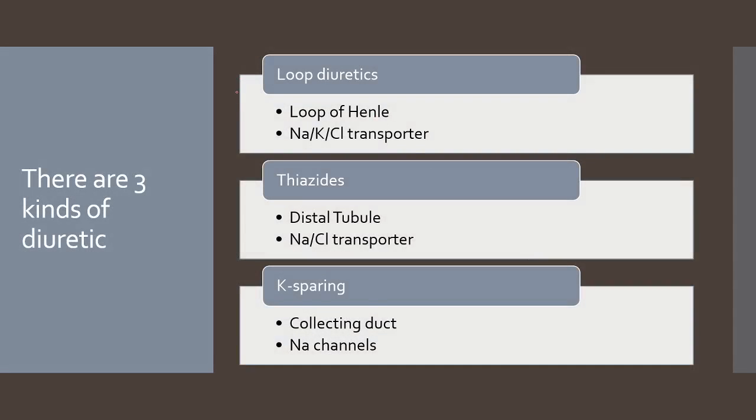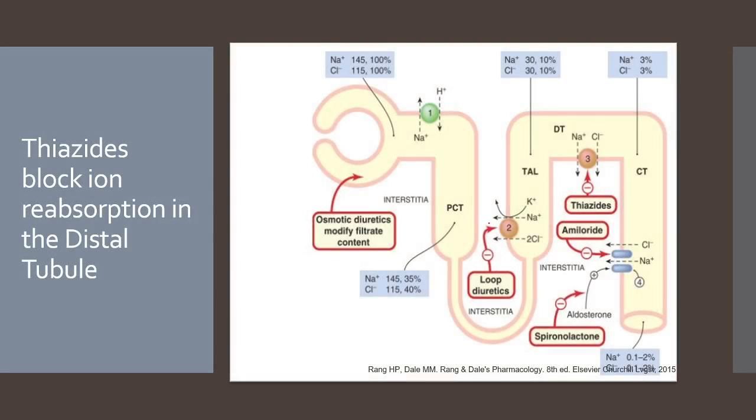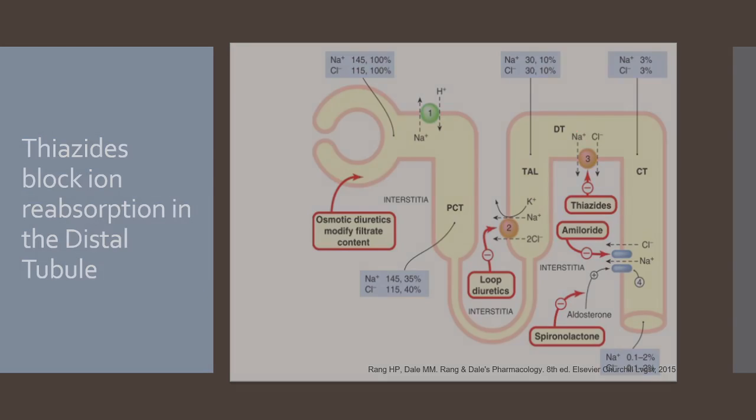So we've done loop diuretics. Now let's look at thiazides. Thiazides block ion reabsorption in the distal tubule, and because water follows salt, that also blocks water reabsorption and therefore causes water loss.